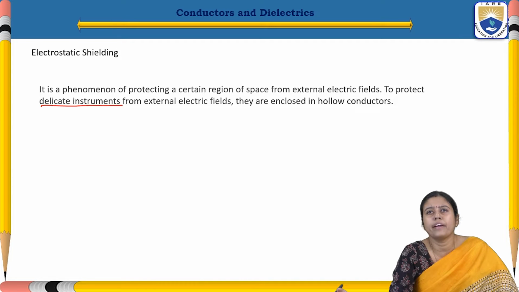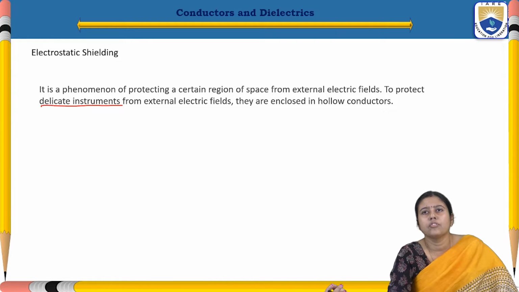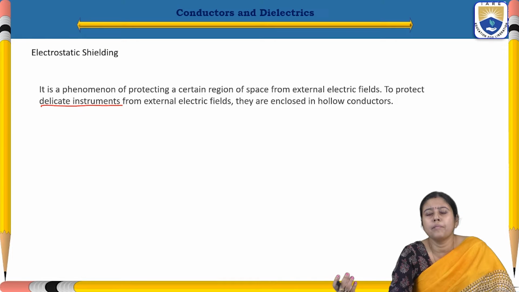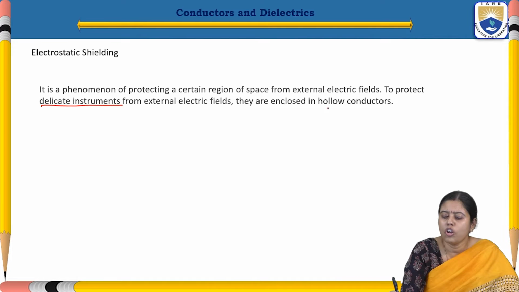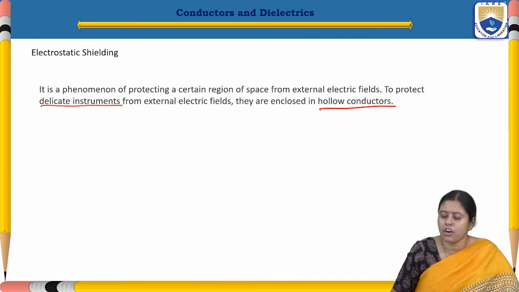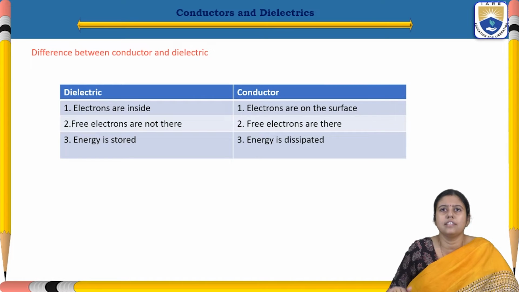So if there is some external electric field, it is not possible. Or you have a CRO, a TV, all very delicate instruments. If there is some lightning, sometimes the TV blows off or something happens in our household. So they are always kept in a hollow conductor. This is called shielding, or electrostatic shielding.